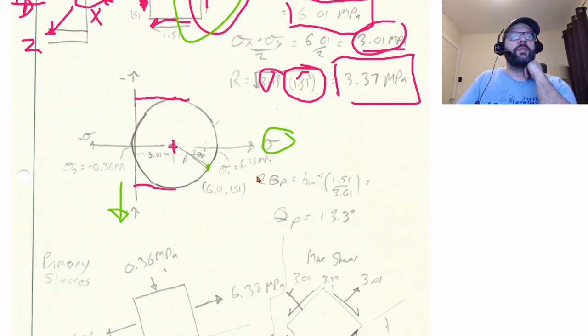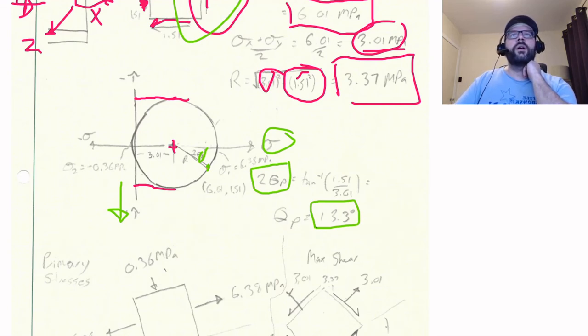So we need to figure out how it rotates. That will be based upon what this angle here in the middle is. So 2 times our theta prime is equal to the inverse tangent of 1.51 divided by 3.01. That gives us an angle of 13.3 degrees.